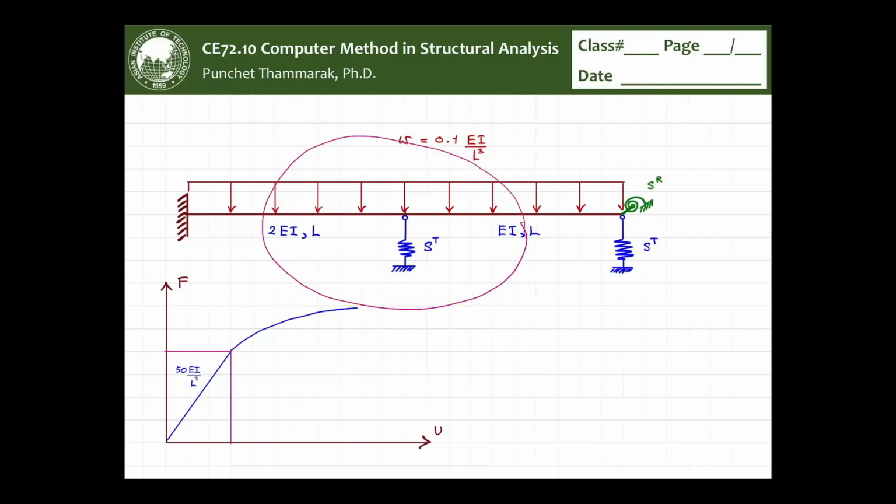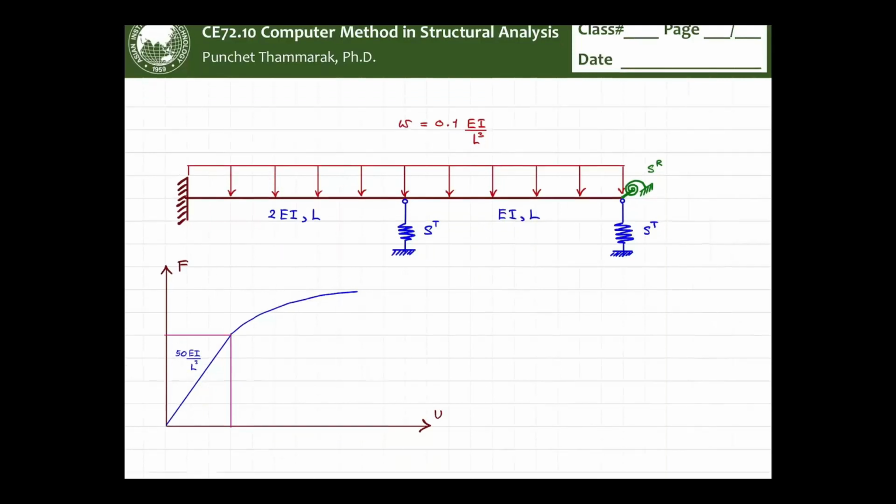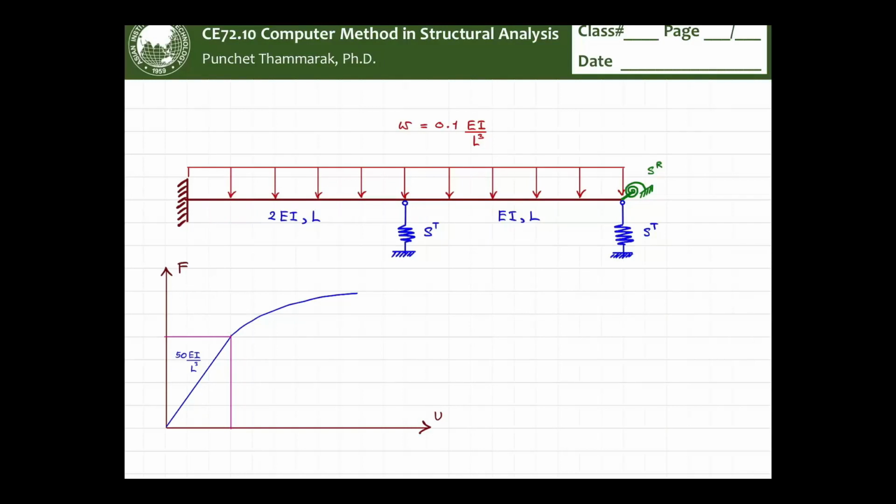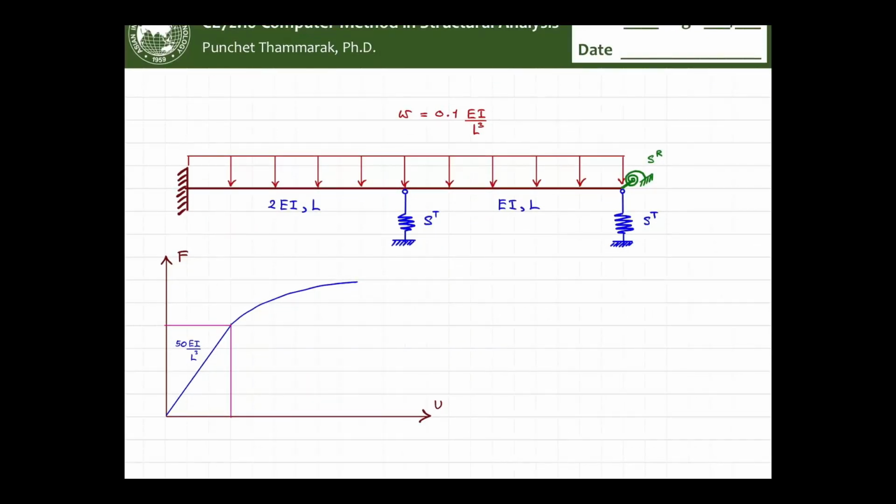In reality, it could be like 1.2 or 0.8 WL. The number will be in that vicinity. So approximately 1 WL. 1 WL is equal to 0.1 EI over L square. This is W, so multiply by L, then you get 0.1 EI over L square.